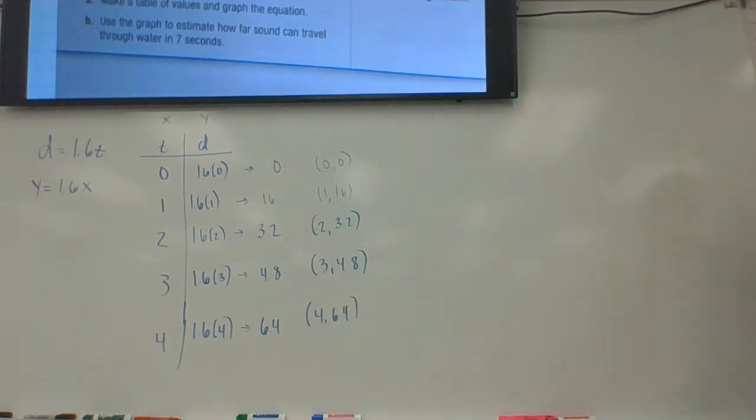So I'm going to graph mine over here. You guys, there's a lot of graphing in this assignment. You can just draw a quick graph on your notebook paper. This axis is the amount of time that's gone by, and this one would be the distance.